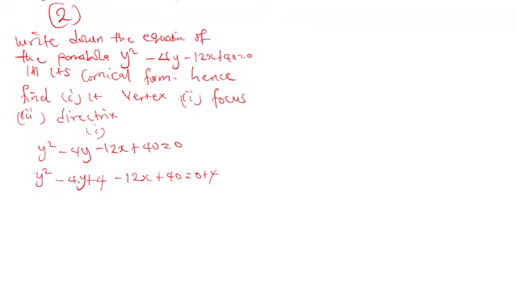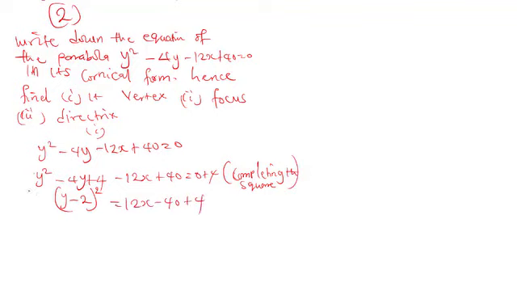But y squared minus 4y plus 4 is the same thing as y minus 2 squared. Now we have to state the obvious, that this is completing the square, so each time you want to deal with this, remember that it's completing the square. Now this is complete. If this goes to this side, it becomes 12x minus 40 plus 4.